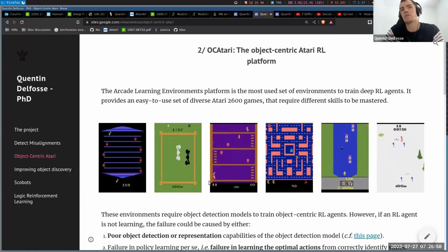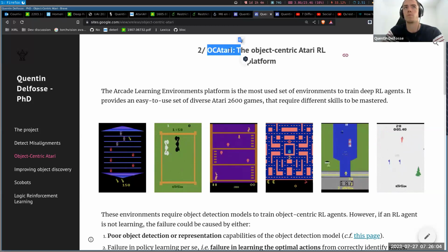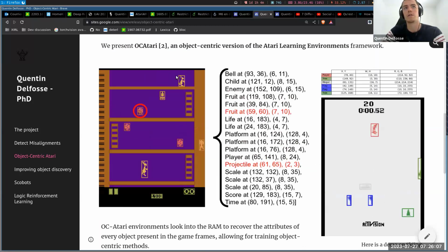And as deep reinforcement learning has mainly been concerned with these Atari games, we are developing this platform where you obtain an object-centric representation, pretty much like you obtain in the examples that we have with Hikaru. So with this module to recognize what's going on in the game, yeah.